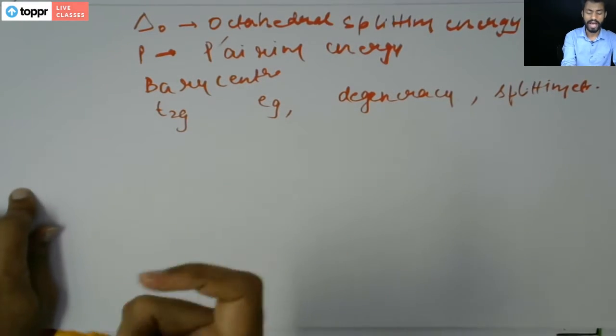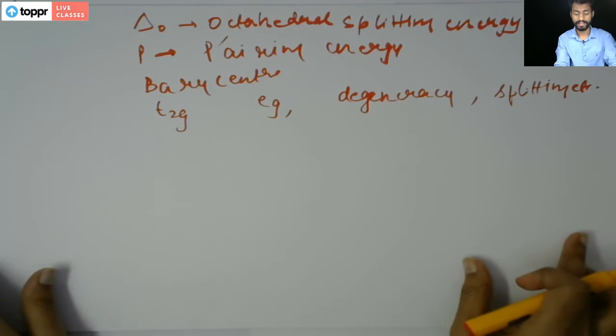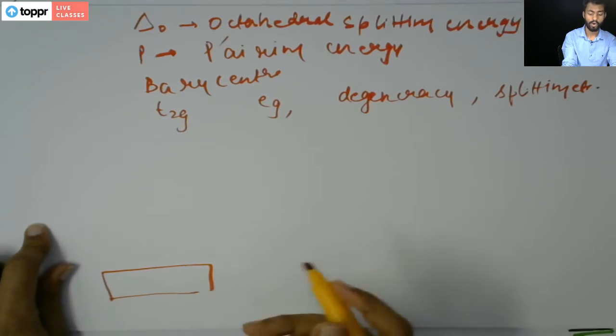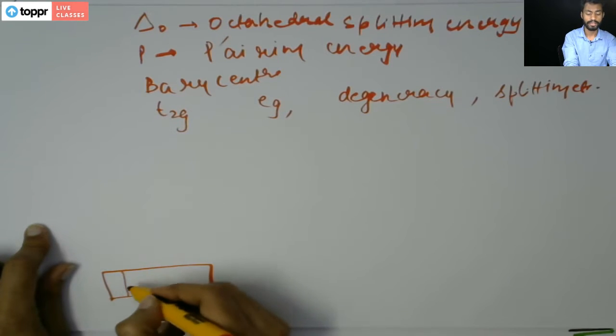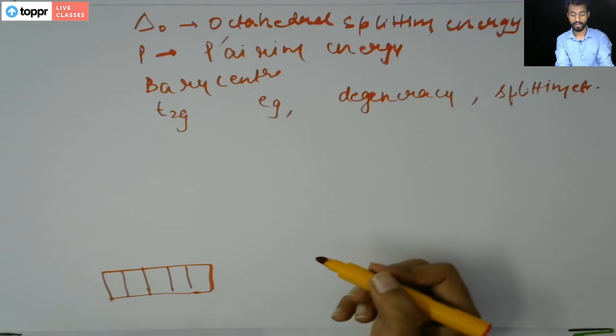So first of all, as we know, our central metal atom, or the cation, has lower energy with all its orbitals having an equal amount of energy, since they are called degenerate orbitals.